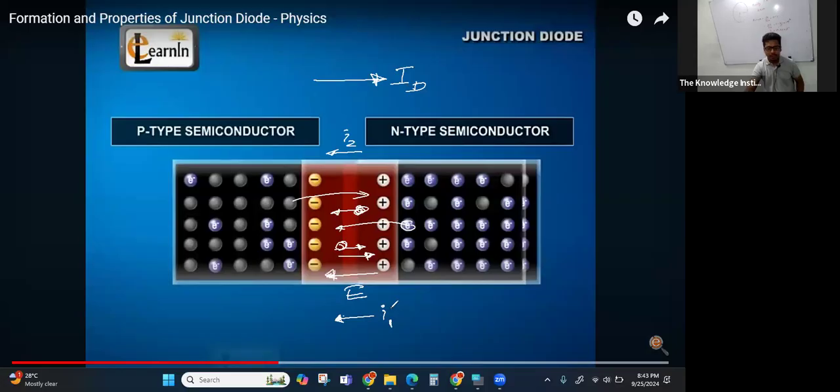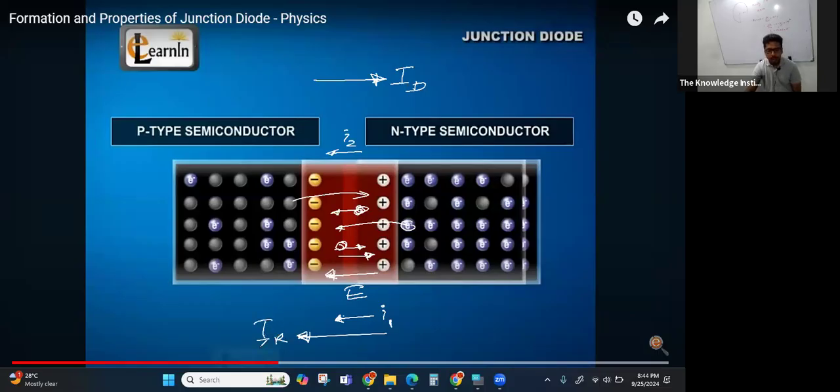So I1 is the drift current due to the movement of holes, due to the built-in electric field. And I2 is the drift current due to the movement of electrons, also because of this built-in electric field. Now you can see I1 and I2 are both opposite to the diffusion current ID. So the overall net current of I1 and I2, I'll mark as capital IR.